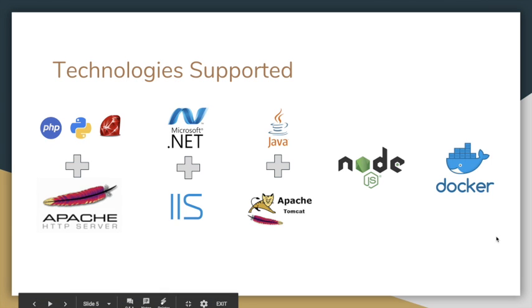AWS Elastic Beanstalk supports the following languages and development stacks: PHP, Python, Ruby with Apache Server, .NET with IIS, and Java with Apache, Node.js, Docker, and Go. AWS is working with solution providers on the APIs and capabilities needed to create additional support for other languages and platforms.